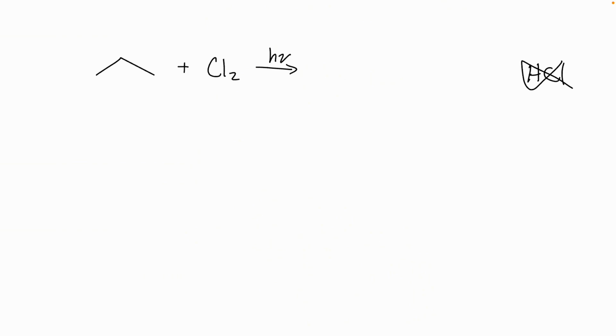And we got 2 different possibilities, because I can have my chlorine sticking onto one of those end carbons, or I can have my chlorine on that middle one. All right, so we got 2 possible products.